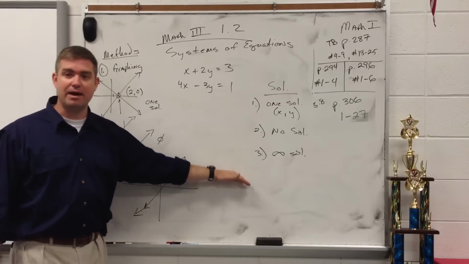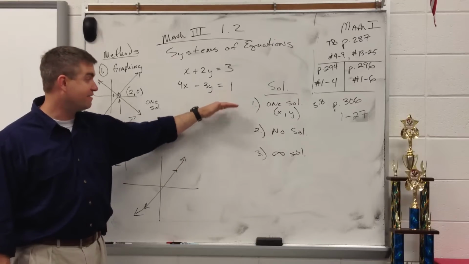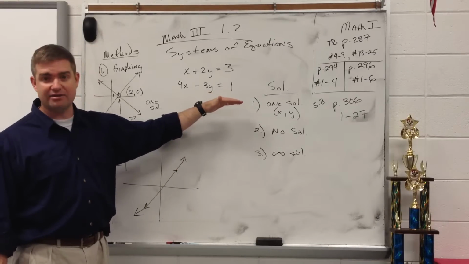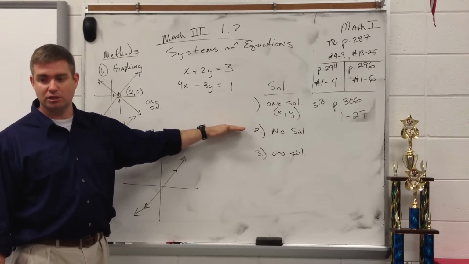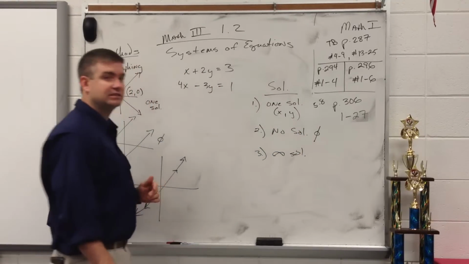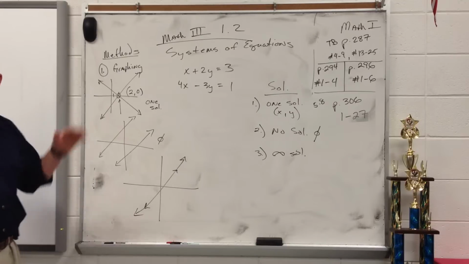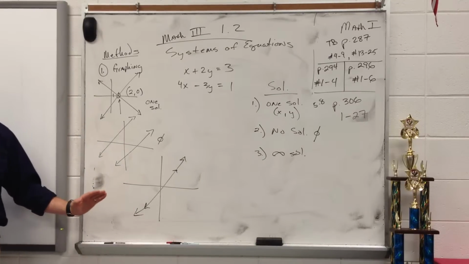Solutions are the same no matter what method you use. Okay? Whether you use graphing or the other two methods, you either come up with one solution, no solution, which we have a symbol for, or infinitely many solutions.